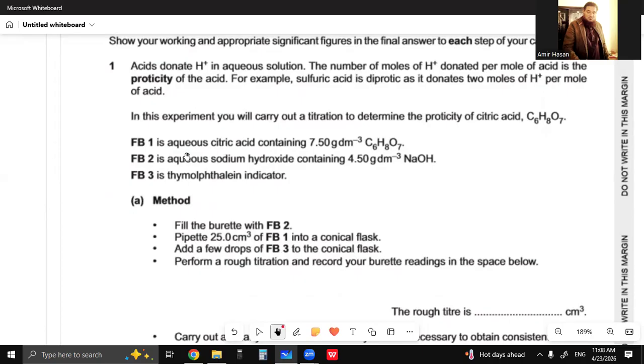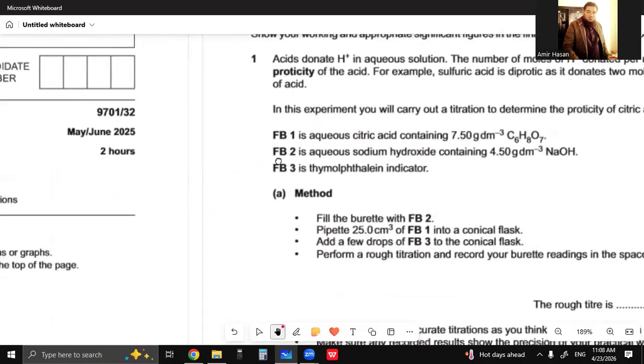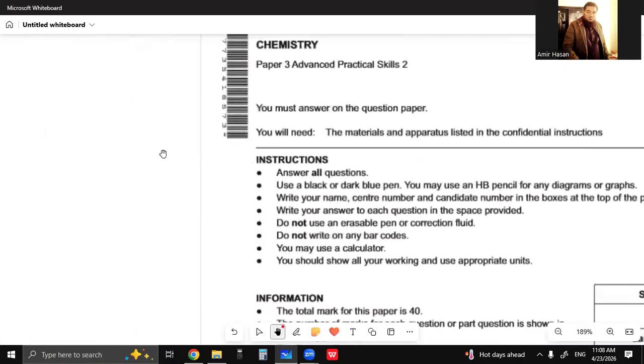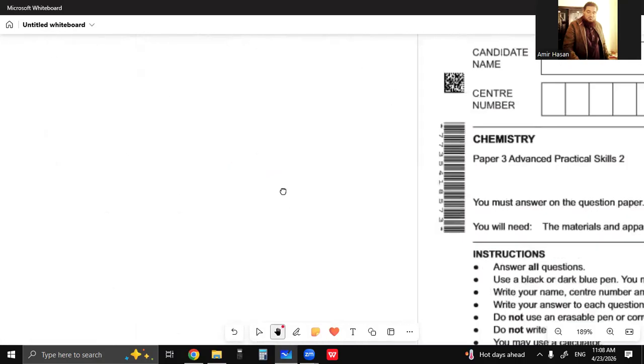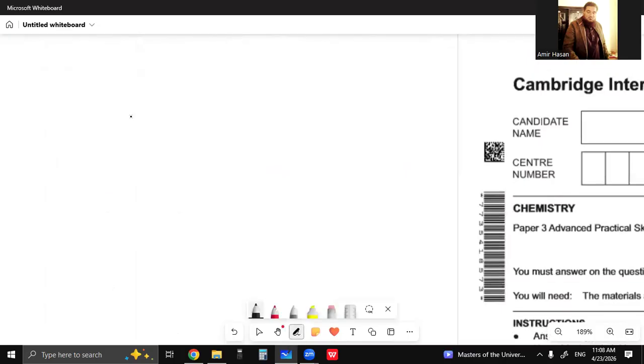In the equation, citric acid contains 7.5 gram per cubic decimeter. Now, FB1 is the citric acid concentration. Note everything carefully, because when you note it down carefully, then you can solve. FB1 is a compound given. This compound is citric acid.